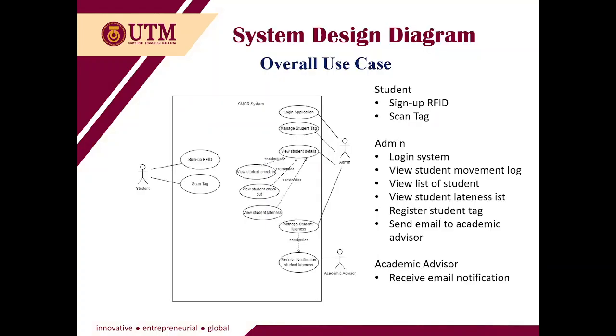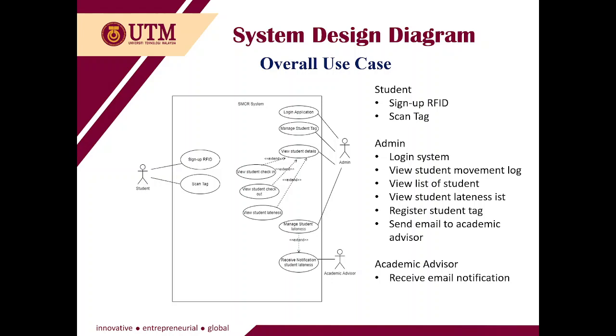So chapter 4. This is the overall use case of the SMCR system, which has three actors here: the student, the admin, and the academic advisor. For the student function, the student can sign up RFID and scan their tag. The second one is admin. Admin does the monitoring, where they can log into the web system.